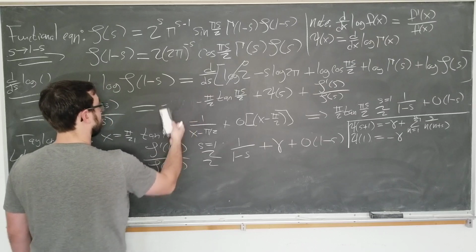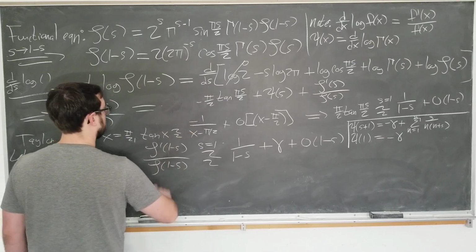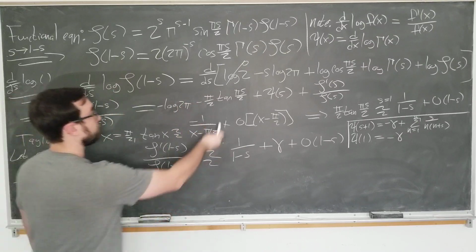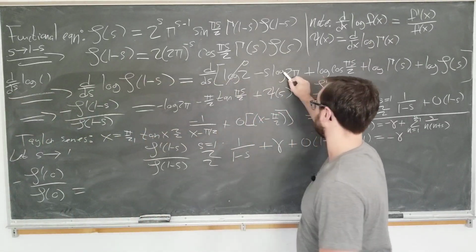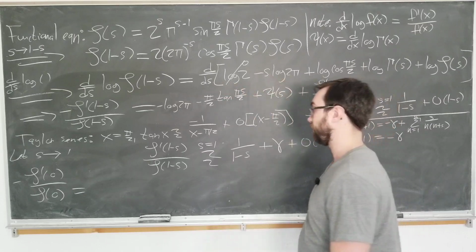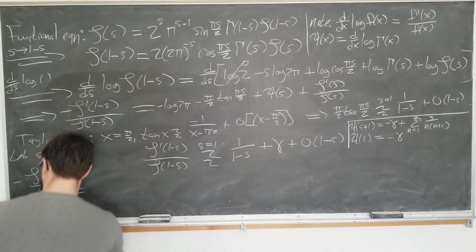Sorry, I made a small mistake earlier. I thought that didn't look right. The mistake was I just got rid of the log, but really this just takes the derivative and the log stays there.